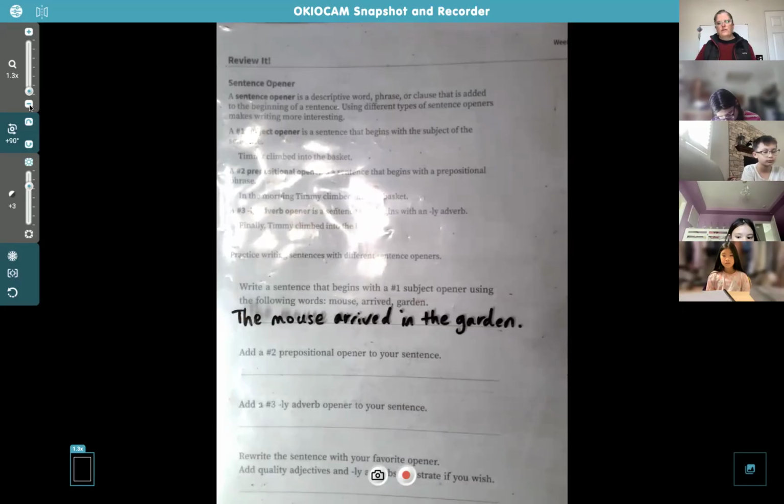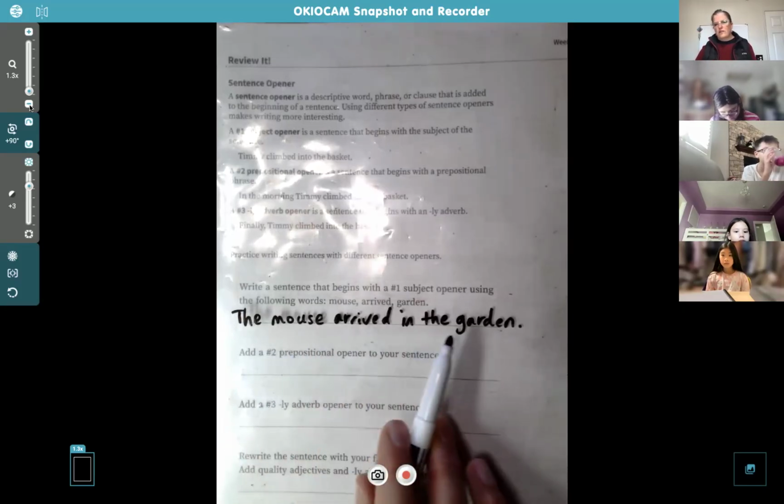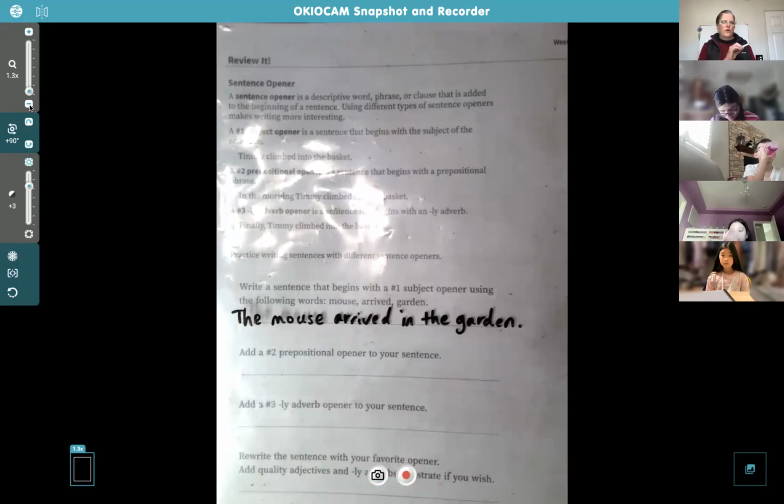You guys think of one? We're going to use this as the second half of the sentence, the mouse arrived in the garden. But what can we add before that? If you need to look back on your page with the prepositions, you can. In your book, you should have a post-it there. Anybody think of a prepositional opener?